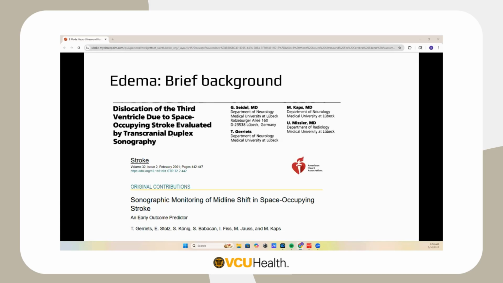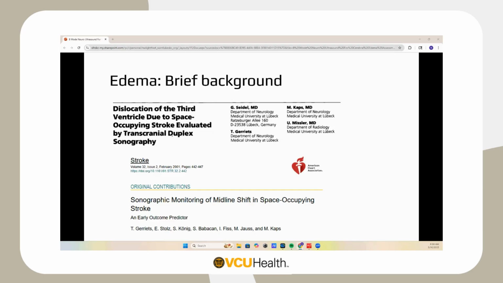After following Seidel's work on displacement of the third ventricle, similar follow-up studies were done evaluating other landmarks such as the falx, the septum pellucidum, the middle of the third ventricle, or the pineal gland. Many of these landmarks and how they are assessed are detailed in this stroke article that I've included here from the early 2000s, Sonographic Monitoring of Midline Shift in Space-Occupying Stroke.